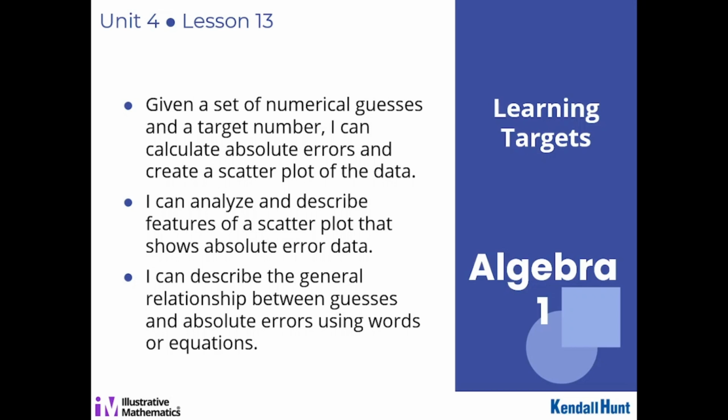And learning target number 3, I can describe the general relationship between guesses and absolute errors using words or equations. Are you able to explain that the relationship is going to be the positive value of how far away the guess is from the target number?